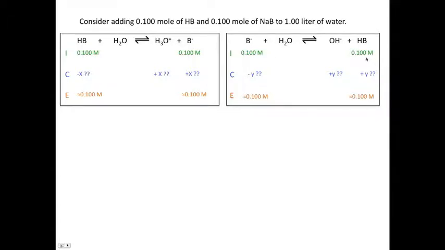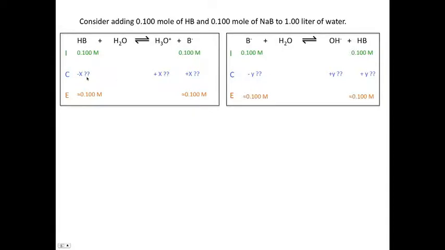Notice in both situations here I've got to show the fact that there's a starting amount of both substances. Basically what happens here is that the HB and the B minus agree to be in equilibrium with each other, and one of these two things will take place. Either the HB behavior equation will happen, or the B minus behavior equation will take place.